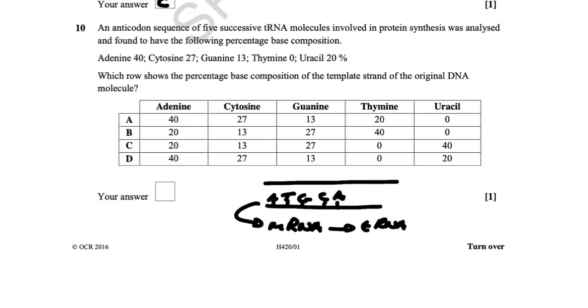So the anticodon sequence will be exactly the same as in the DNA, except the uracil will be replaced by thymine, because the tRNA is complementary to the mRNA and the mRNA was complementary to the DNA.